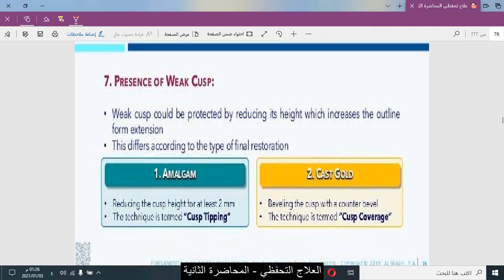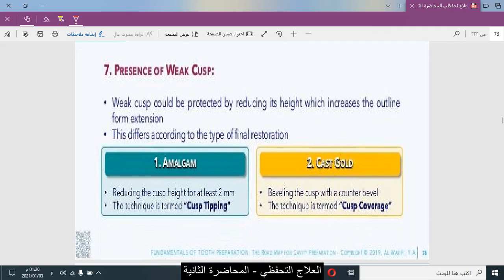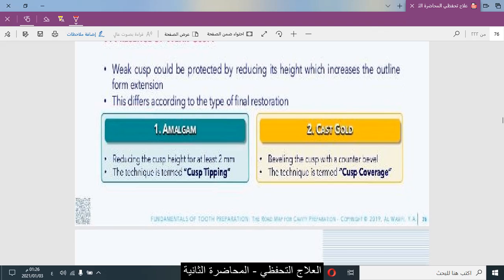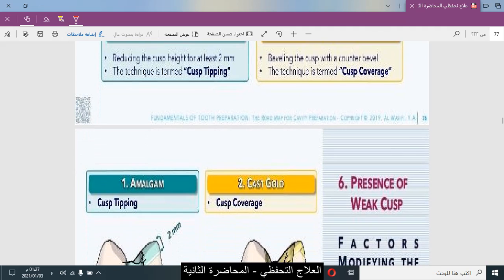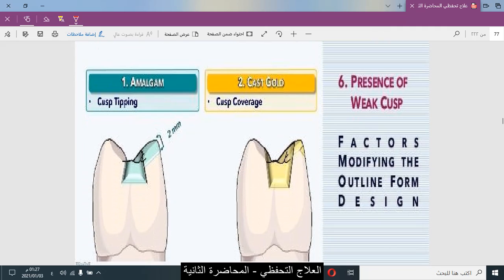Preservation of weak cusps: cusp capping or cusp coverage. For amalgam, reduce the cusp by 2 millimeters and fill with amalgam. And if it is gold, we have to cover the cusps and do a crown, or if it is a bridge, we have to do a bridge.